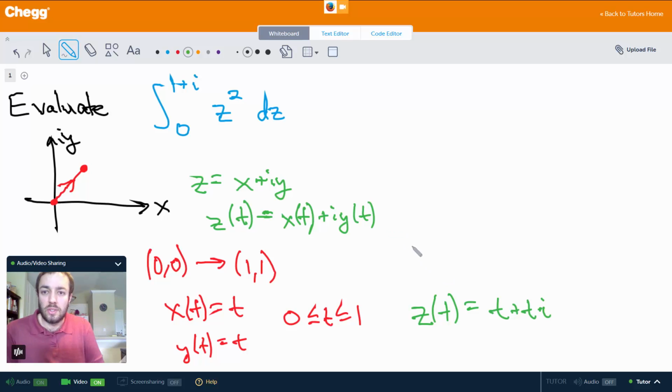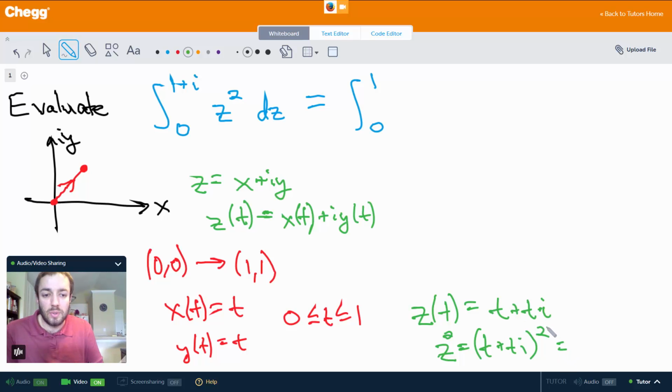Okay, so for our integral then, we're going to have the integral from 0 to 1 of, now z is t plus ti, so we can drop the t notation and just say z equals t plus ti. Then z squared is going to be (t plus ti) squared.